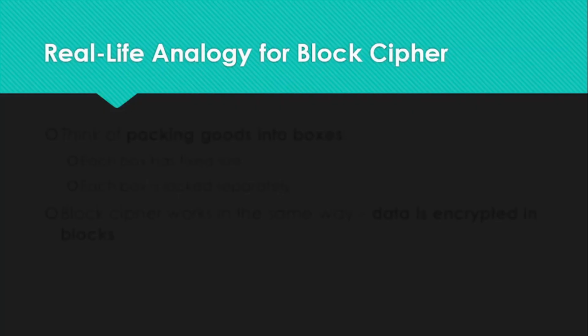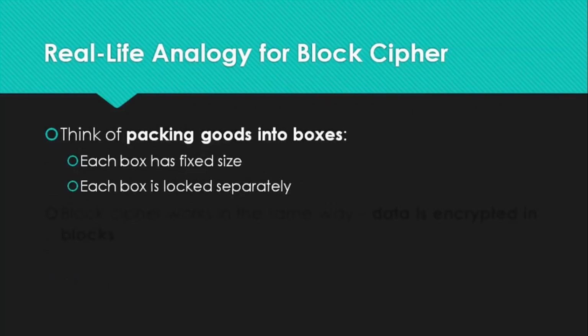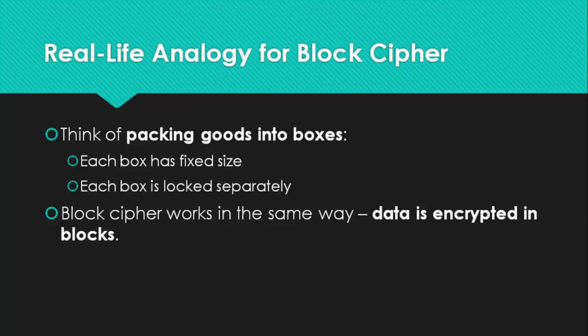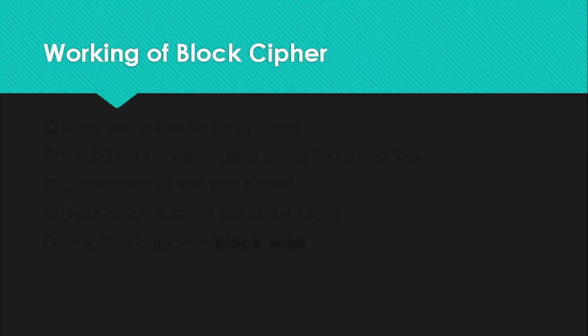To understand block cipher easily, imagine packaging items into boxes of fixed sizes and locking each box separately. Similarly, block ciphers divide data into fixed size blocks and encrypt each block one by one.